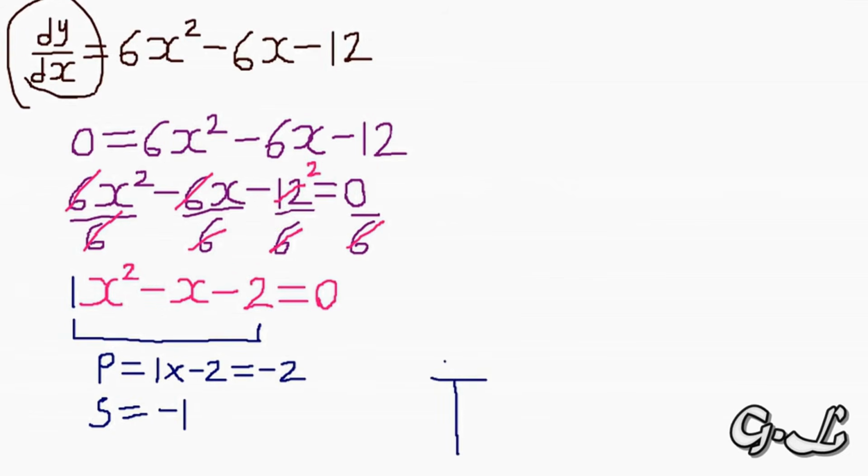So what we're going to use to find the values of x is the product, which is negative 2, and it will be at the top. Then you need to consider the factors of negative 2: we have negative 1, and we have negative 2.